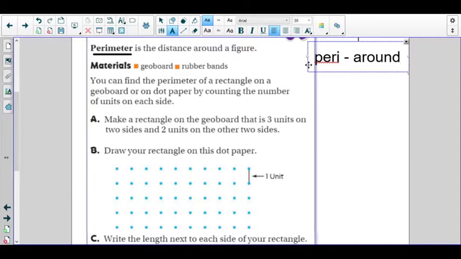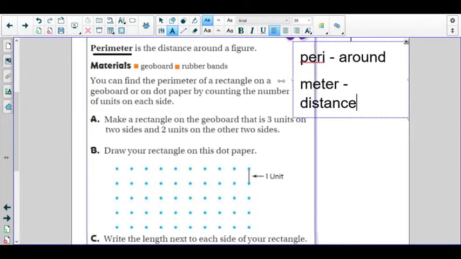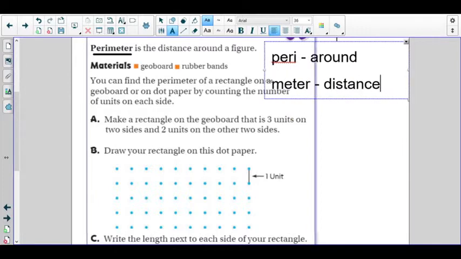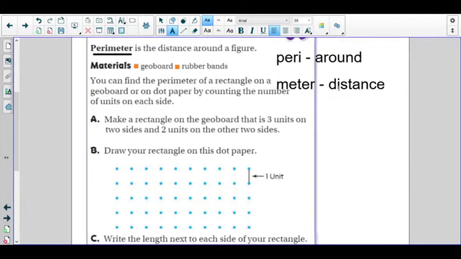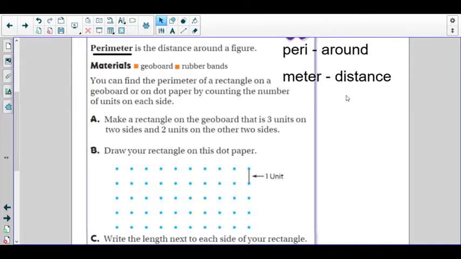And meter is distance. So when we are measuring the perimeter of something, we are measuring the distance around. We'll just keep this up here for a reminder.